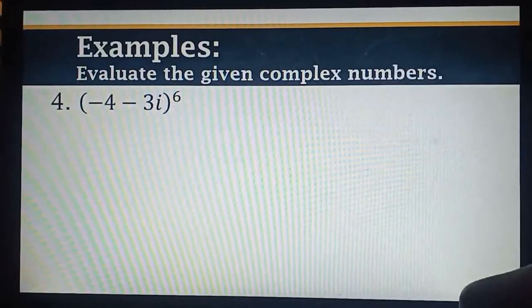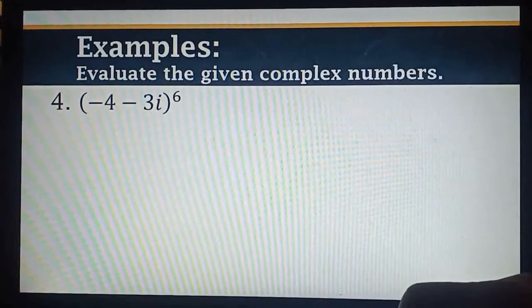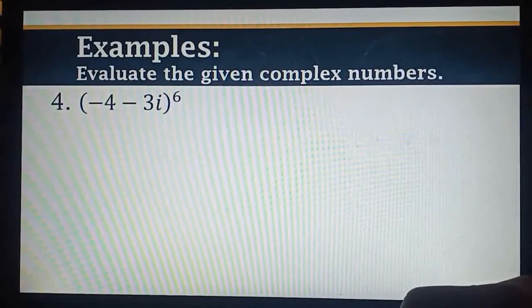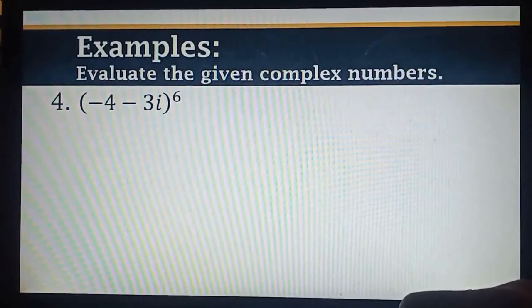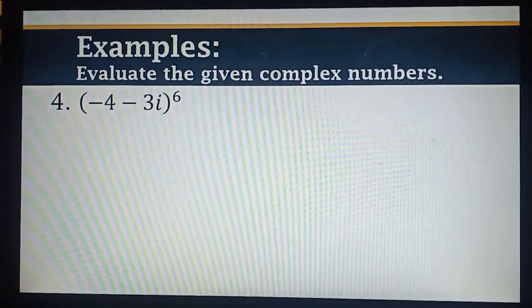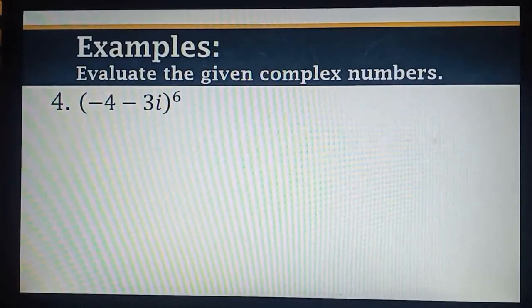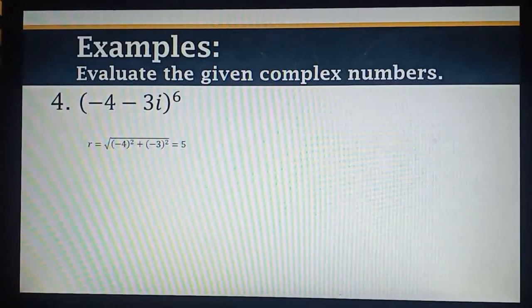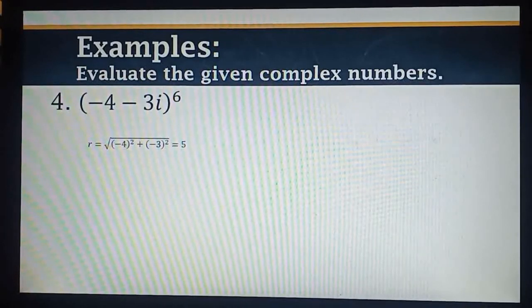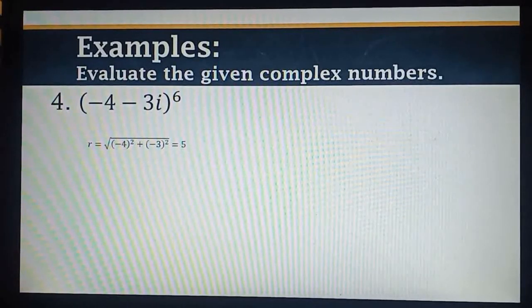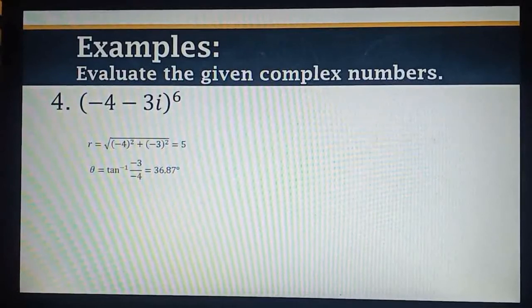Next example, in the De Moivre's theorem, you will have negative 4 minus 3i raised to 6. Ganun ulit. Kukunin natin yung polar form. So we will get the value of r, which is the square root of negative 4 squared plus negative 3 squared, which is equivalent to 5. Then the theta is arctan of negative 3 over negative 4, that is equivalent to 36.87.